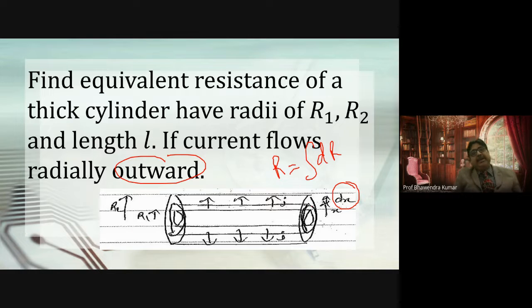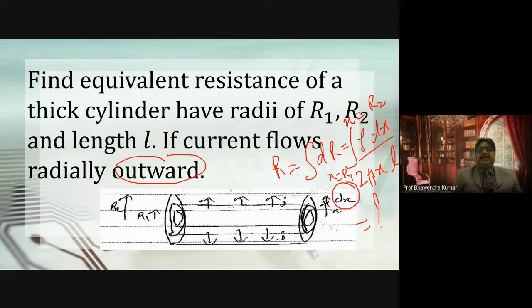So R can be written as integral of dr, and the value of dr will be rho into the thickness dx, divided by 2 pi x into L. Now here x is a variable, and the minimum value of x is R1, and the maximum value of x is R2. This gives the value of the resistance.